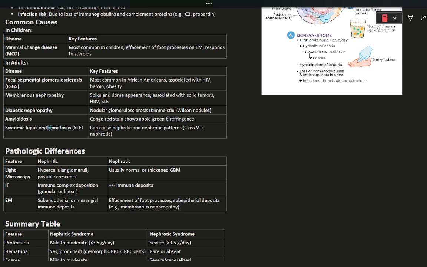This is an interesting one because it can cause either a nephritic or nephrotic pattern.